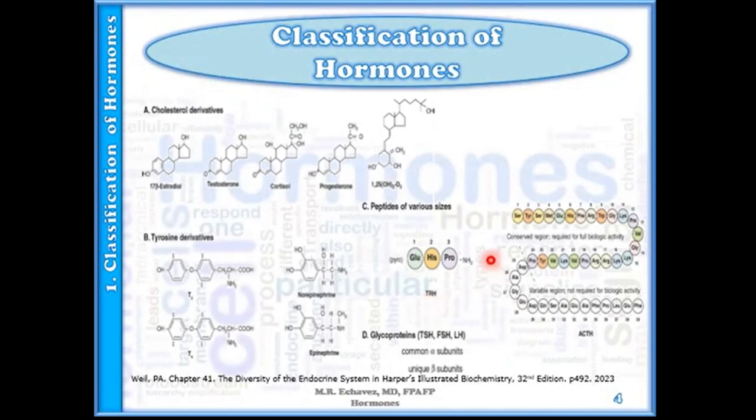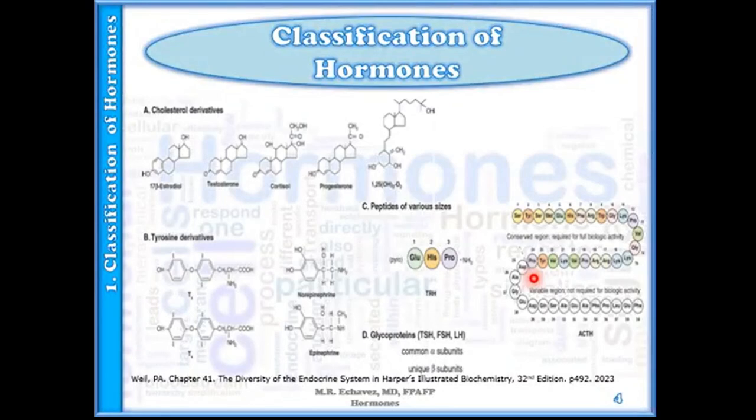Now, the good thing about your peptides, remember when you discussed amino acids, you have basic, acidic, polar, nonpolar, linear, cyclic. This affects the solubility of your amino acids. Now for your peptides, if you remember, you have protein folding.